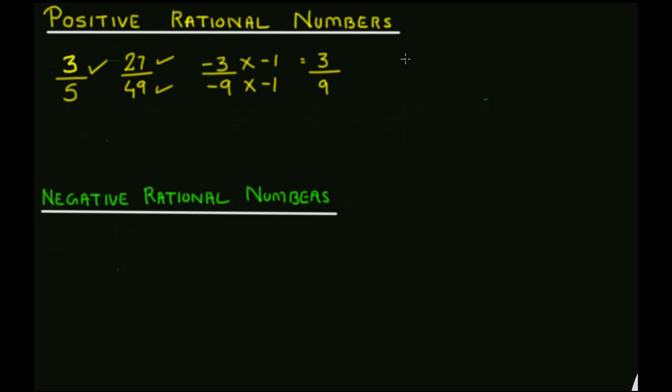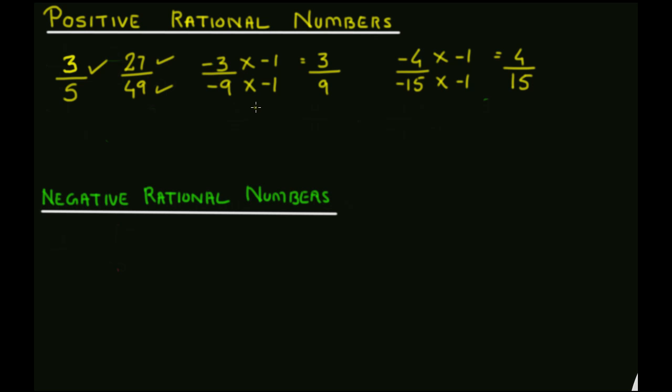Let's take another example. Negative 4 by negative 15. This is also a positive rational number because when we multiply the numerator and the denominator with negative 1, we get a positive rational number.